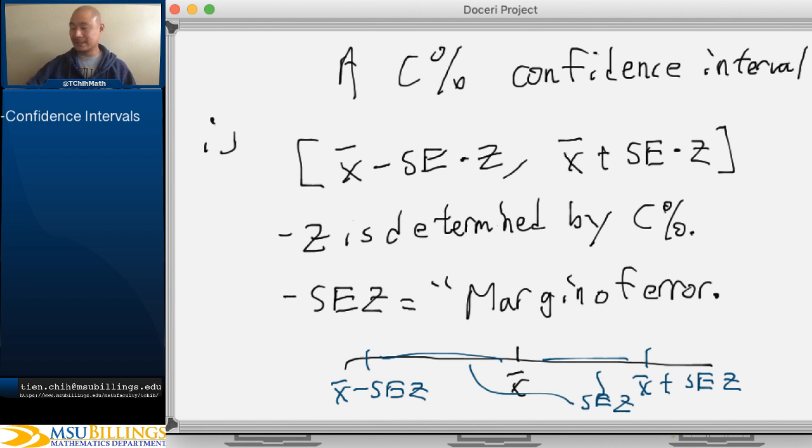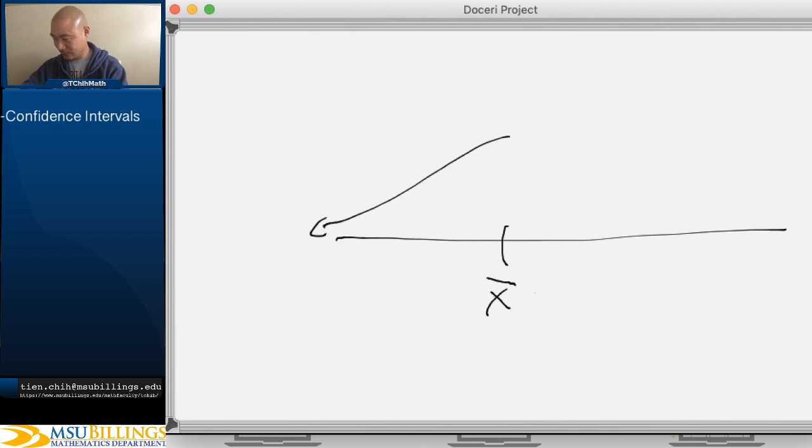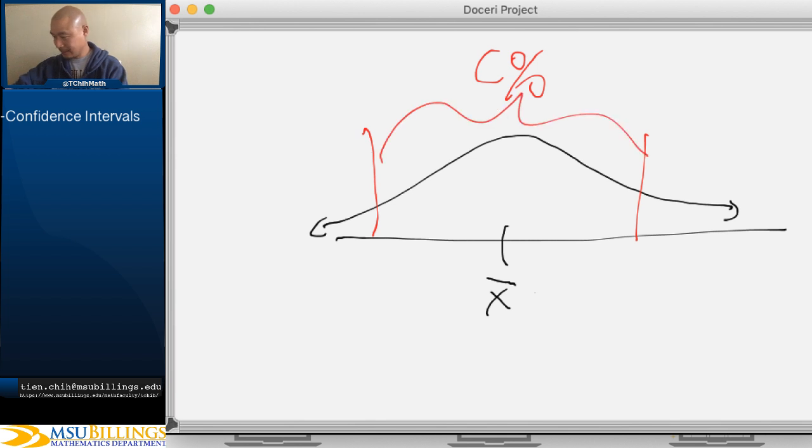And so let's clarify something, right? What do I mean by z is determined by C%? Well, what I mean by that is, again, we have our x bar, and we have our curve, and if we want to get the C% interval, I want a C% chance that we fall within this range.